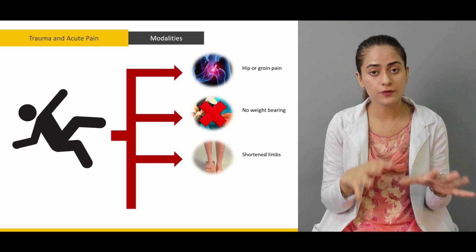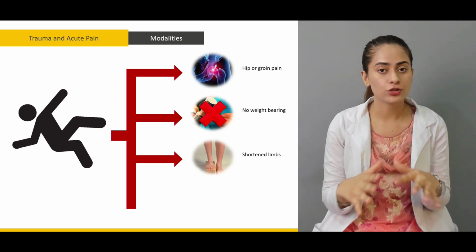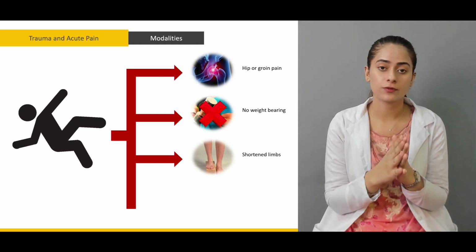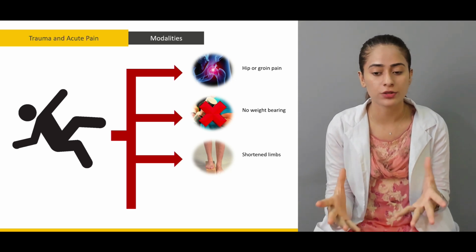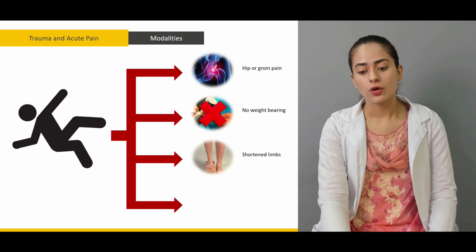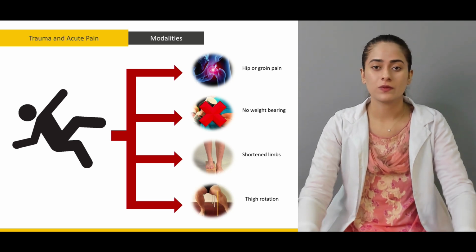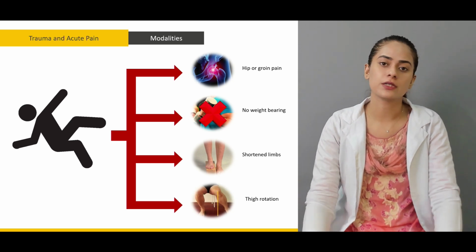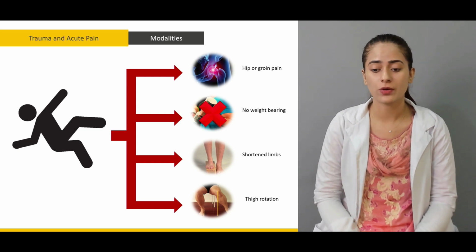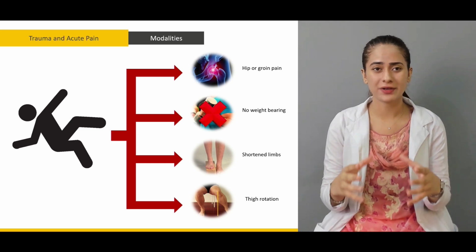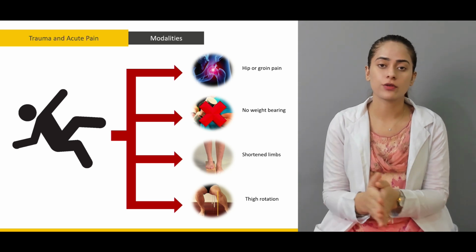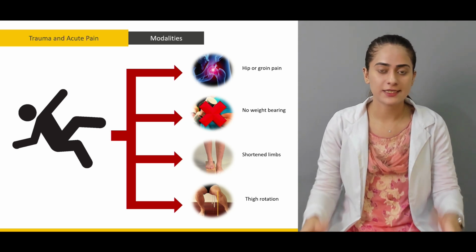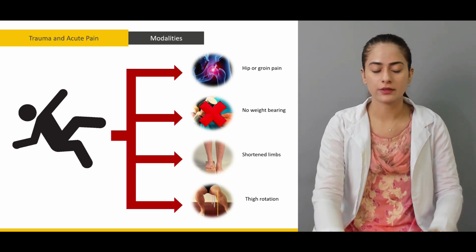The involved limb, or the limb with the fracture or displacement, will be shorter, right? Rotation or any movement really will be painful or uncomfortable for the patient, and these are some of the signs that there is something wrong after you fall.